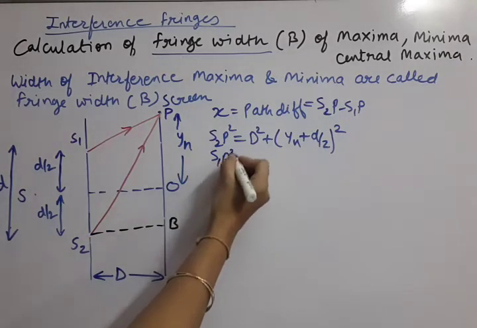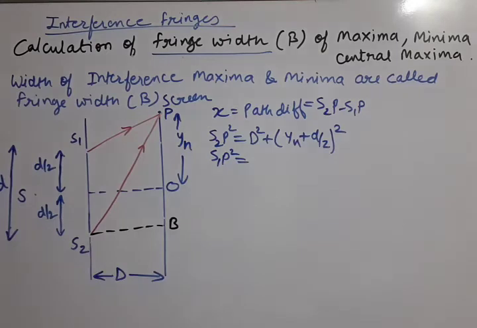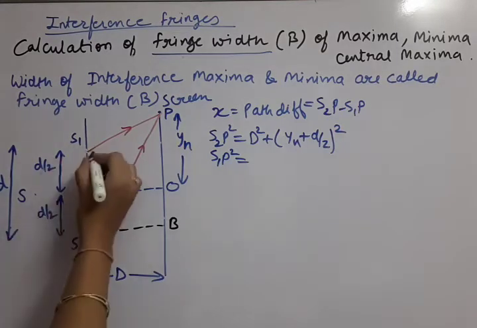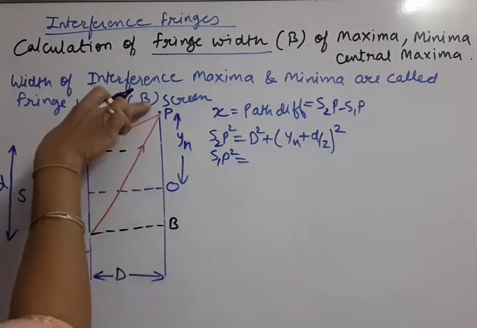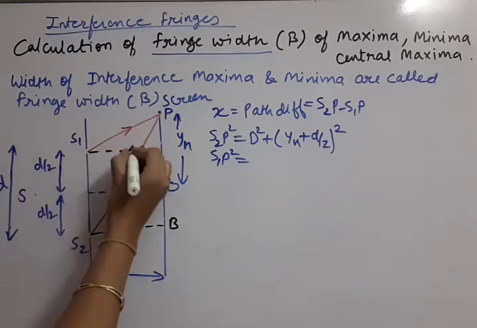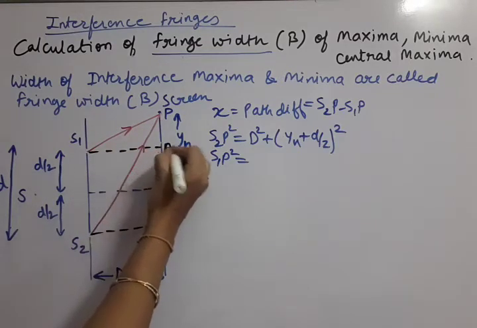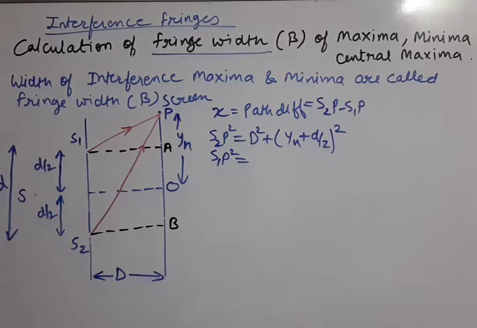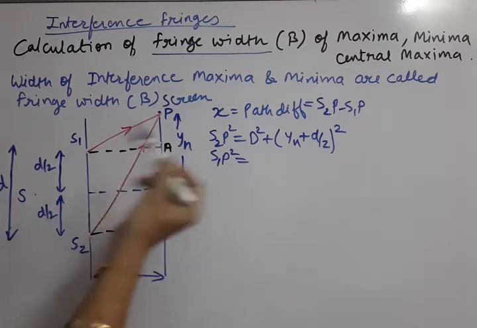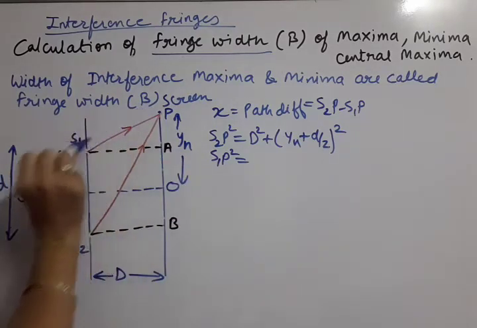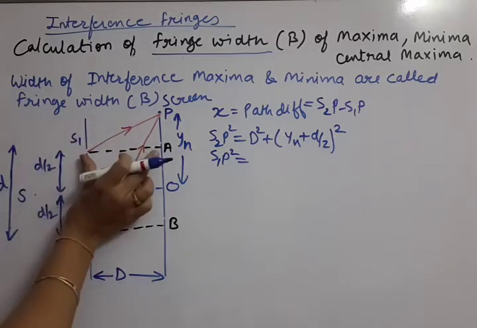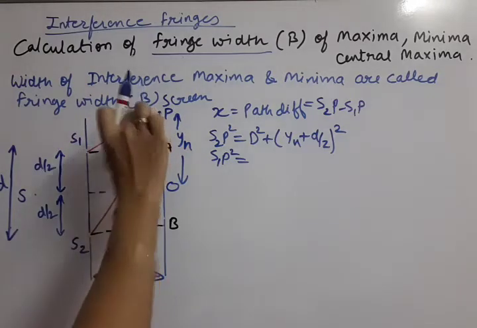In the same manner, we need the S1P square value also. So we complete this triangle. This is S1P. Let us name this point A. S1P square is again the hypotenuse square, so base square plus perpendicular square.